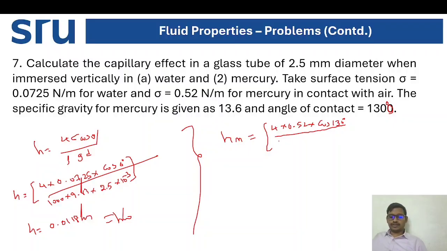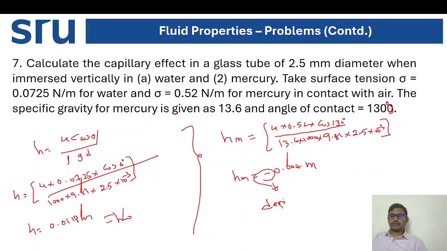Here rho is not 1000, it is 13.6 into 1000 because of mercury, and 9.81 into 2.5 into 10 power minus 3. So H mercury is equal to minus 0.004 meters. This minus value indicates depression.